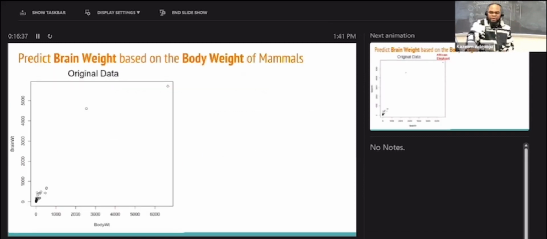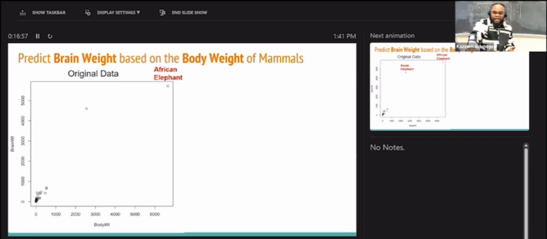I want to go into another example now. I basically want to predict the brain weight from the body weight of mammals. Given the body weight of mammals, can I predict the brain weight? And I want to consider elephants now. Elephants are found in Africa, in Asia, and so on.